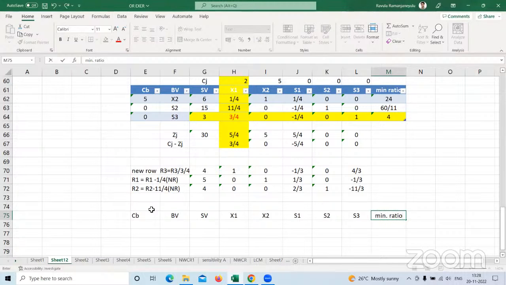Any small difference you can tell me, will make it. But if any small mistake happens, it's not possible to get our solution.